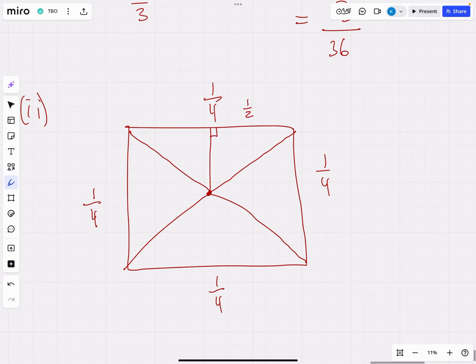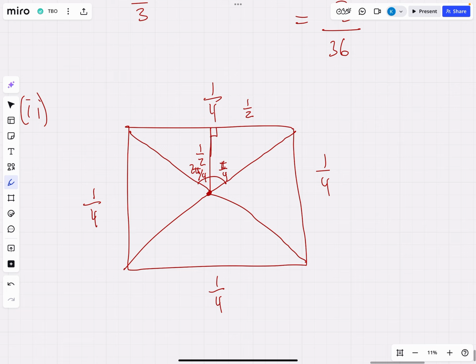I know this is a 1/2. What else do I know? Well, I also know that this is 1/2. I know that since this angle here is 2 pi over 4, which is just pi over 2, this angle here is pi over 4, right?